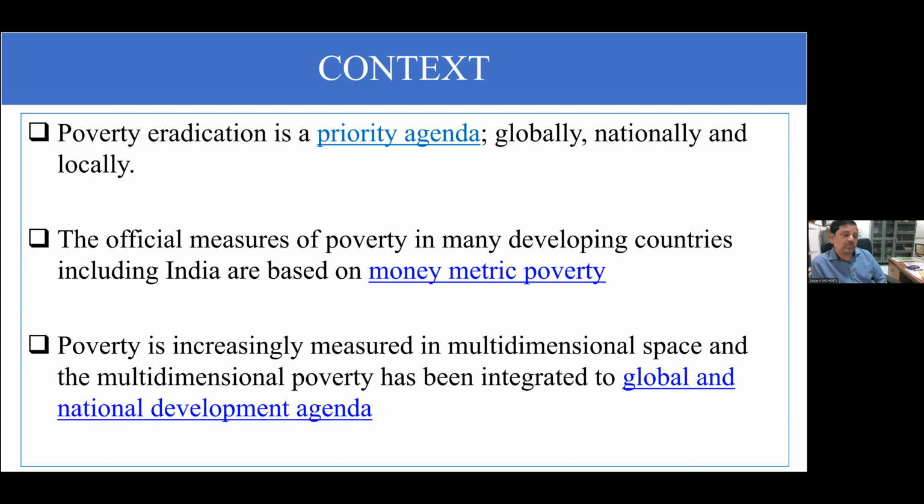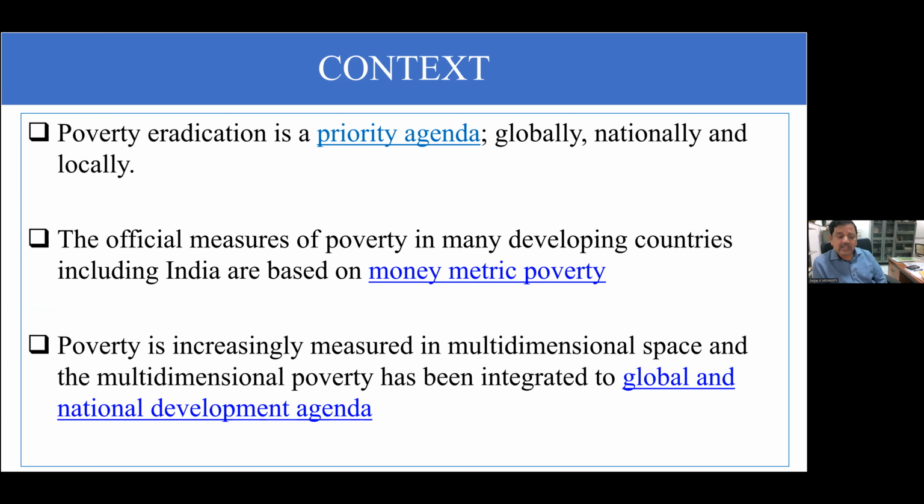Now, as far as many developing countries are concerned, the official estimates of poverty are basically money-metric poverty. As we know in the Indian context, we use the consumption data collected by the National Sample Survey to provide the estimates of poverty.